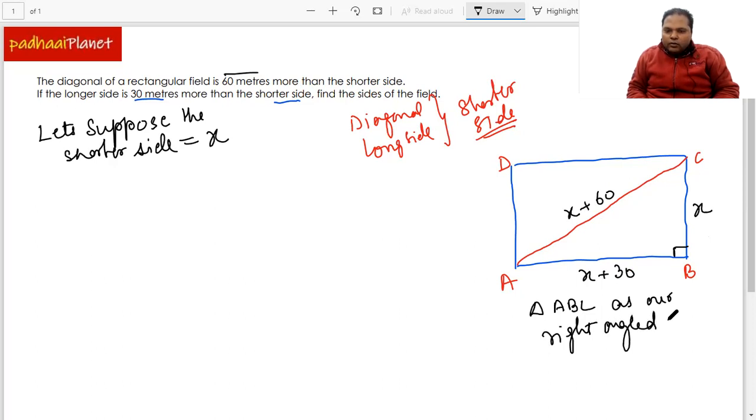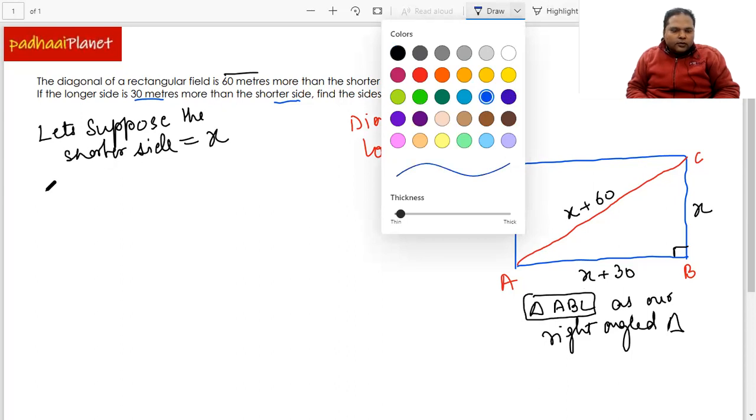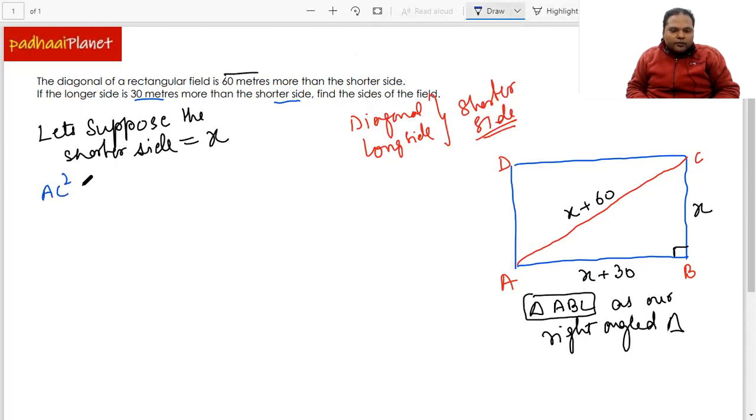Now we will apply the Pythagoras theorem in this question. Observing triangle ABC, AC square, which is the hypotenuse, is equal to AB square plus BC square. Now let's put these values in terms of x and then solve the question.